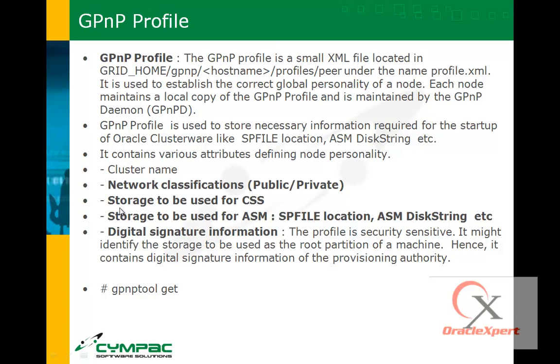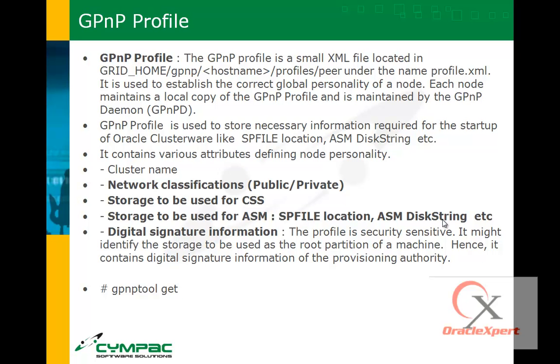Where is my CSS stored? CSS is nothing but the voting disk. Where is my voting disk stored? The location is also documented in the GPnP profile. Storage to be used for ASM, that is the SP file location, and in which location ASM disk group disks are to be located, the disk string, and more importantly, the digital signature.